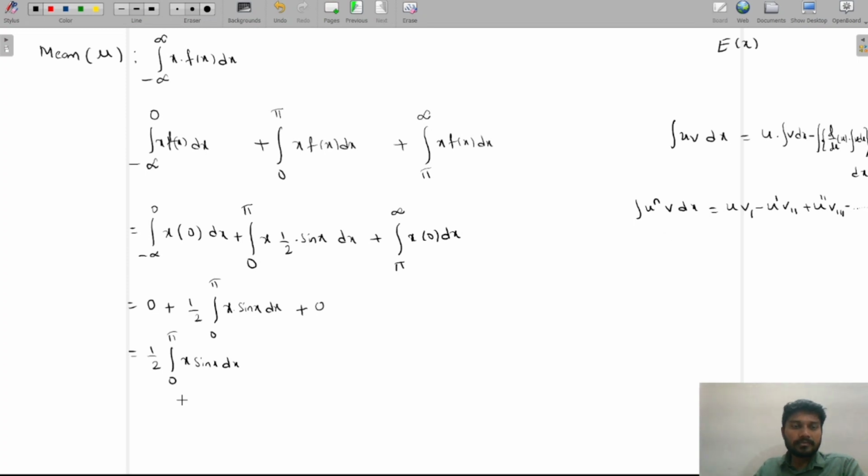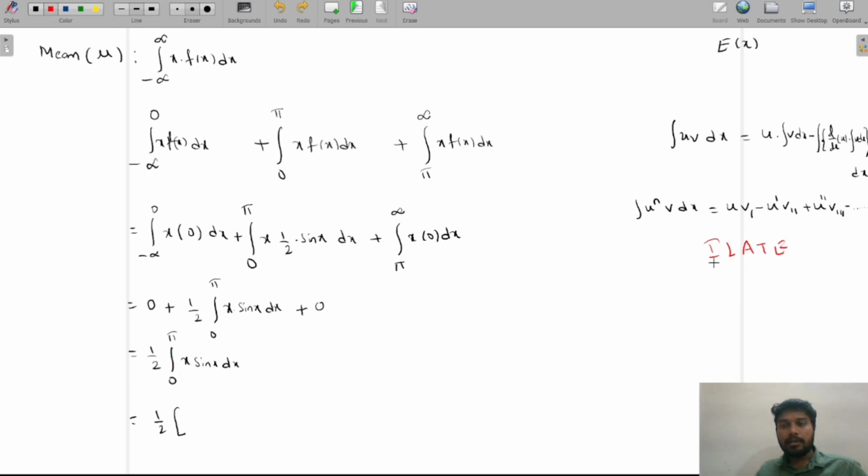So 1 by 2 of what? Which is u and which is v? To identify u and v in the integration, we have the ILATE rule. Do you remember ILATE? I for inverse trigonometry: is there inverse trigonometry?